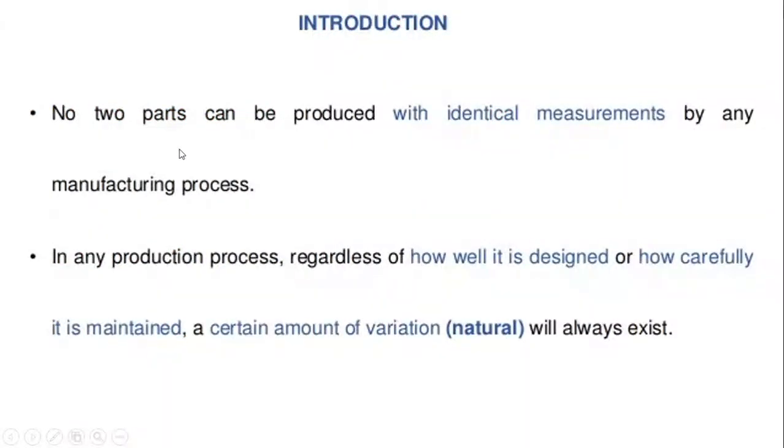No two parts can be produced with identical measurement by any manufacturing process. We cannot, at any cost, make a component identical with the same shape and same dimensions. In any production process, regardless of how well it is designed and how carefully it is maintained, a certain amount of variation, which is natural, will always exist.